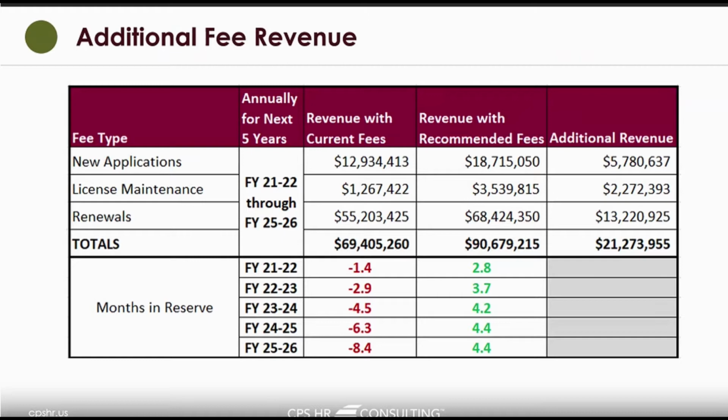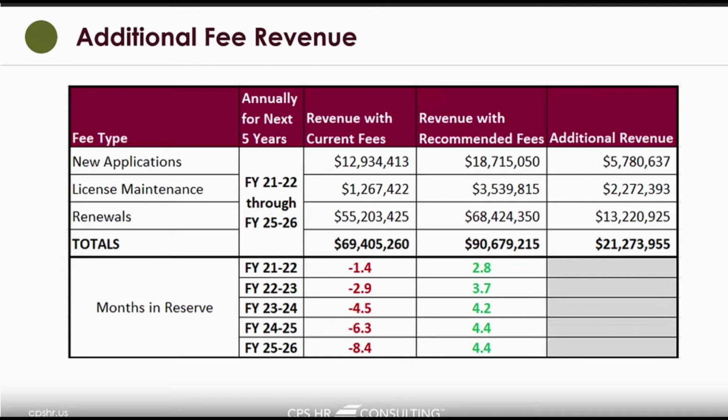License maintenance is $1.2 million, and the biggest chunk is $55.2 million for renewals. So in total, $69.4 million. If you look at the last column here with the recommended fee levels, what that would result in on an annualized basis is 5.7 for new applications, 2.2 for license maintenance, and then renewals having the biggest increase there at 13.2 million. So on average, projected $21.2 million in additional revenue.